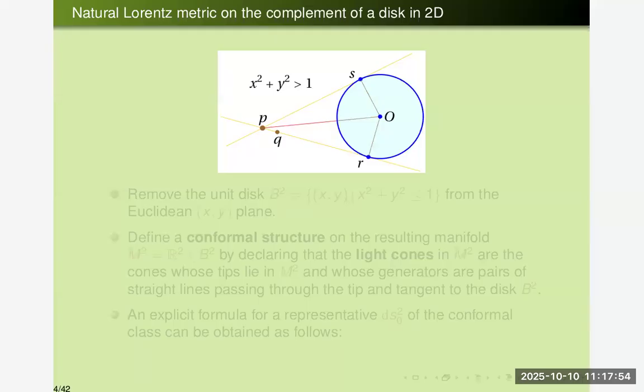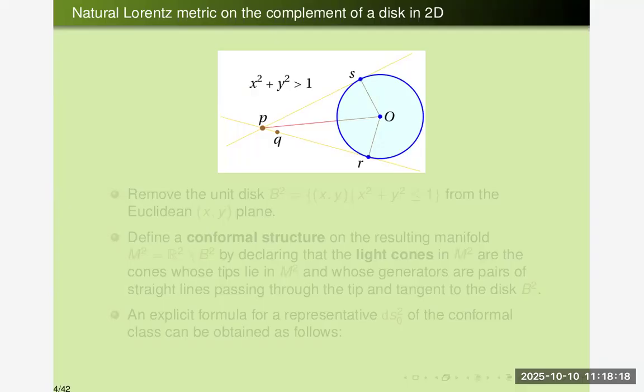Simply take R2, and from this R2, remove a disk. So think about R2 with a disk, this blue thing, removed. On this complement in R2 of this disk, I claim that there is a natural conformal structure.